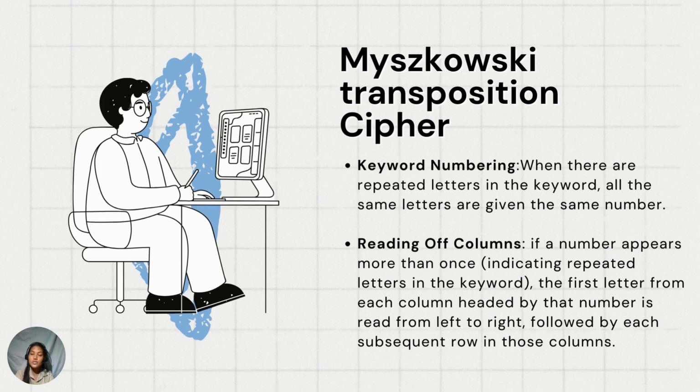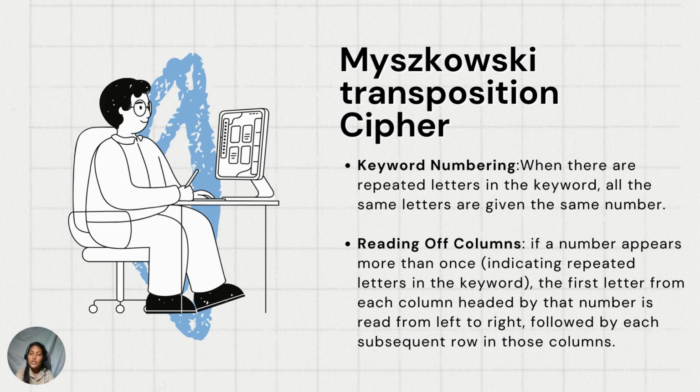In a columnar transposition cipher, the plaintext is written out in rows under a keyword, and each letter in the keyword is assigned a unique number based on its position. If there are repeated letters in the keyword, they number them from left to right. However, in the Myszkowski transposition cipher, if there are repeated letters in the keyword, rather than numbering them uniquely from left to right, you give the same letters the same numbers.